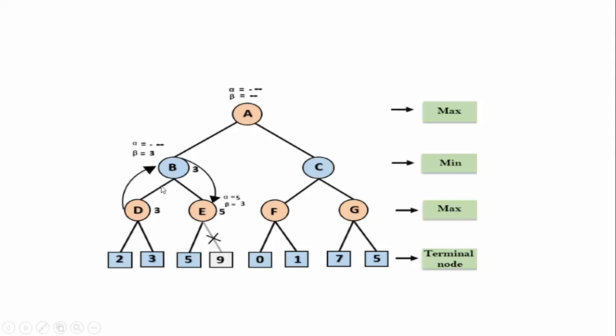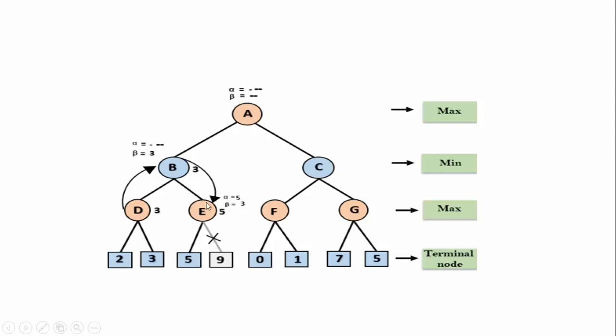So up to now you are clear that alpha equal to minus infinity, beta equal to 3. The node value is 3. So this is the parent. The last condition: the parent node's alpha value and beta value will pass to the child node. So initially the value of alpha equal to minus infinity, beta equal to 3 only.